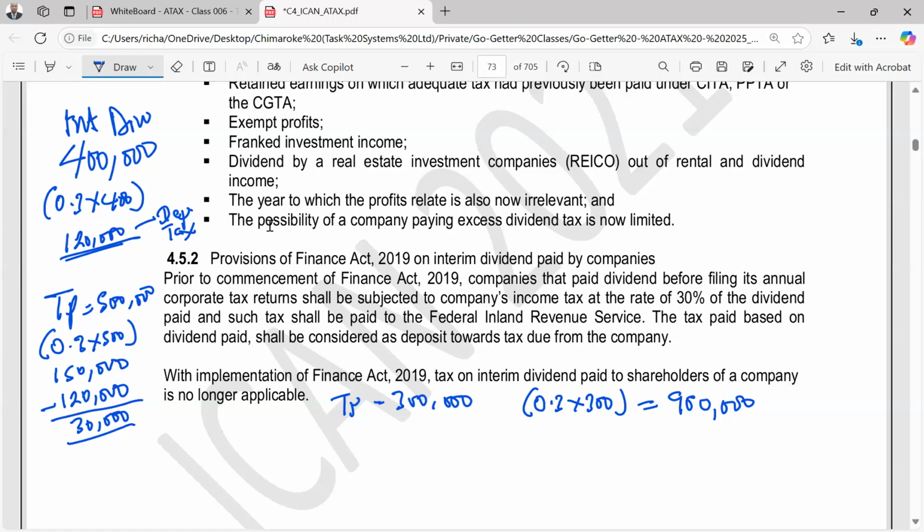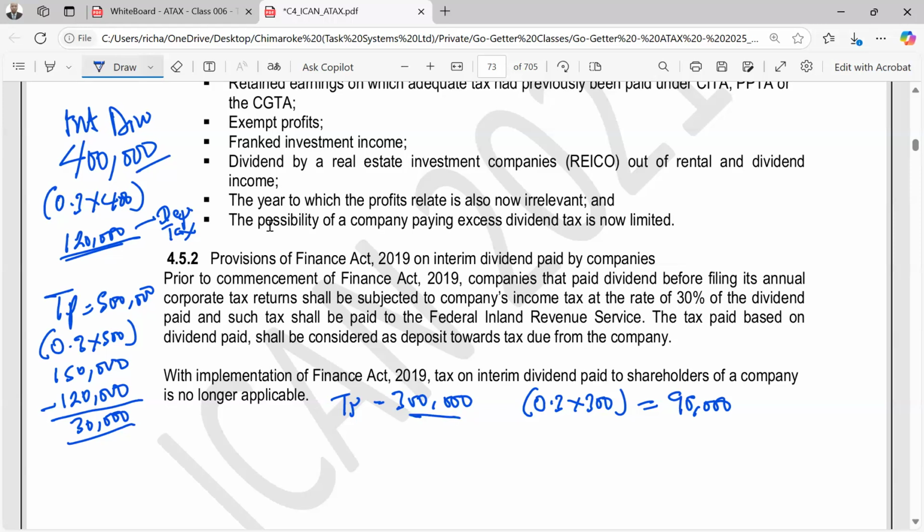Sorry, 90,000, not 900,000. But because you have paid 120,000, the 120,000 becomes the final. Why? This is because your dividends paid is higher than your total profits.